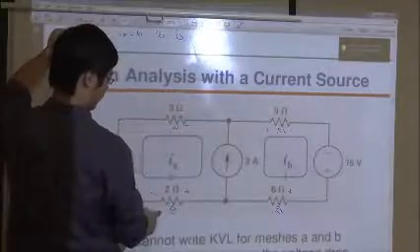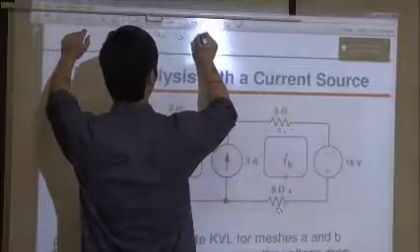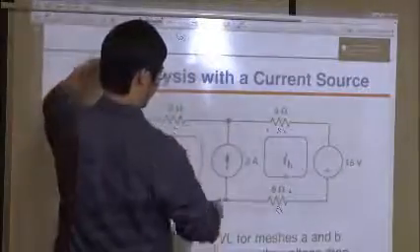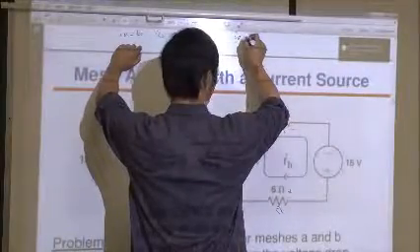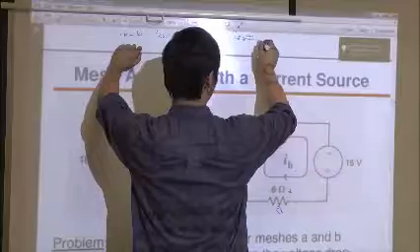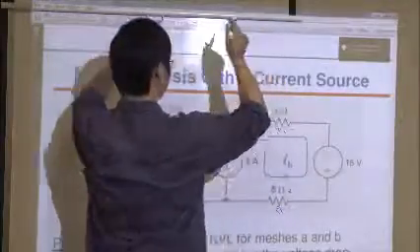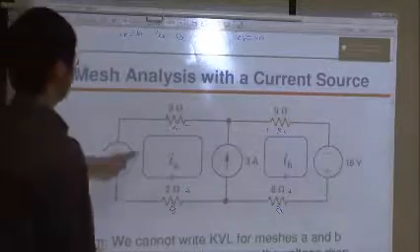Now, the current through R3 is very simple as well. It will be IA, and the current through R4 is equal to IB.